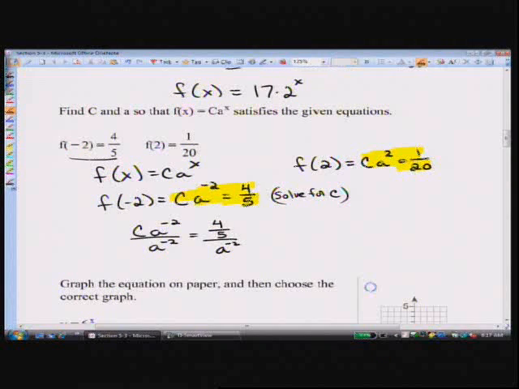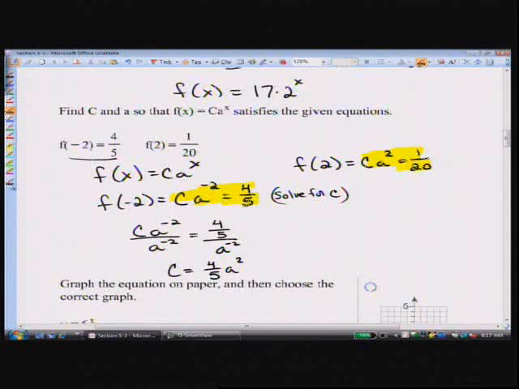Okay, now just breathe. A to the negative 2 in the denominator is the same as A squared in the numerator. So this is really C equals 4/5 A squared, because a negative exponent means move me. If it's in the denominator, you move it up to the top. If it's in the top, you can move it down to the bottom.